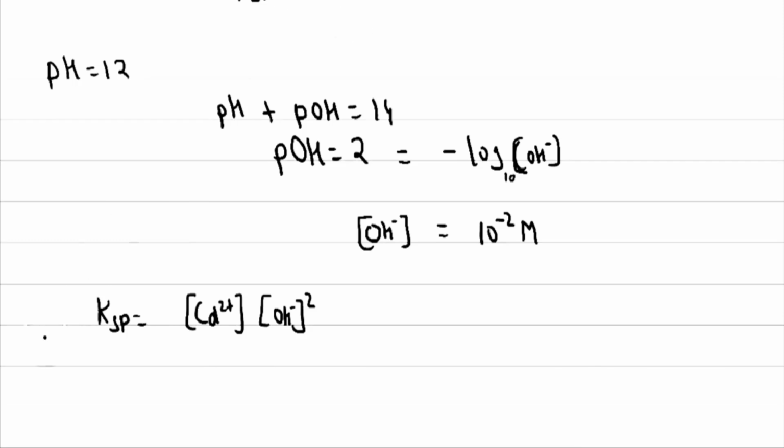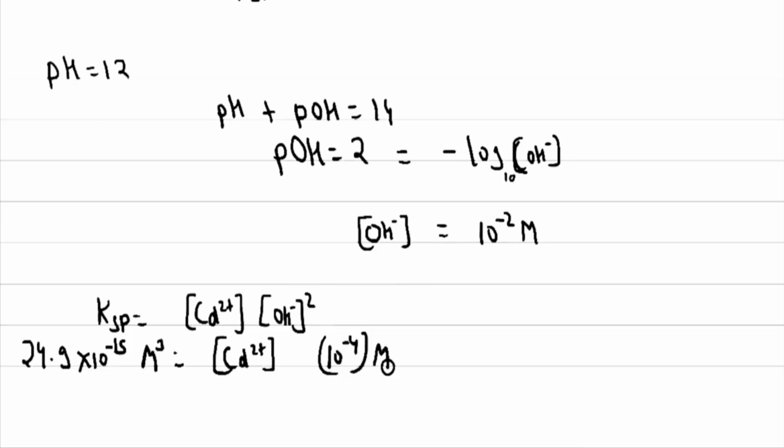So Ksp is 24.9 × 10^-15 molarity cubed, equal to the Cd2+ concentration multiplied by the OH- concentration squared, which is 10^-4 molarity squared, because we have squared it as well.